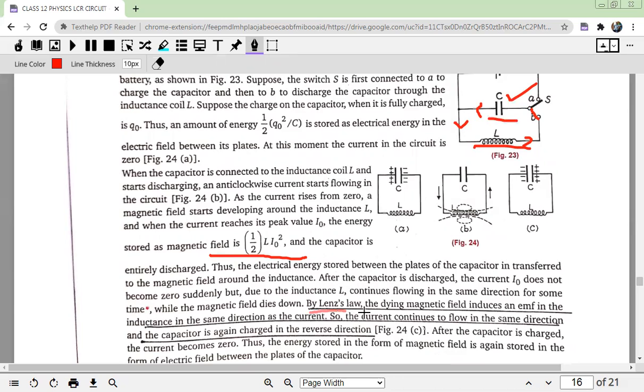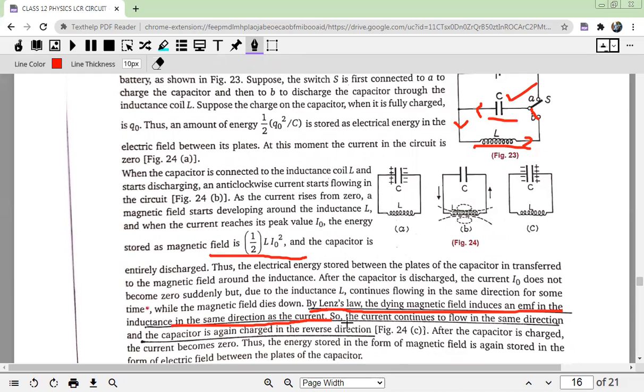So here it is given by Lenz's law: the dying magnetic field induces an EMF in the inductor. That is called the self-induced EMF. And this self-induced EMF will set up the current in the same direction as it was flowing previously.